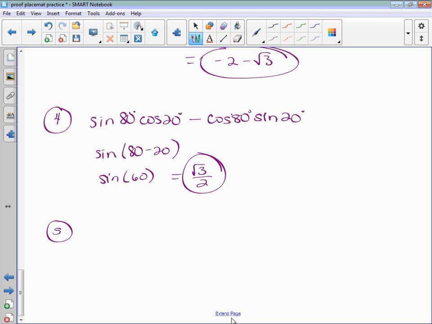All right. So guys, this next one is like the proofs you were doing, but you have the formula to guide you through the proof. So it would say, establish the identity. So we're going to have cosine of alpha minus beta over sine alpha sine beta equals cotangent alpha cotangent beta plus 1.